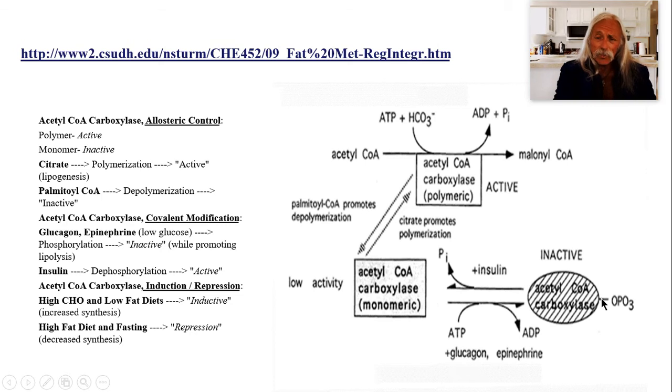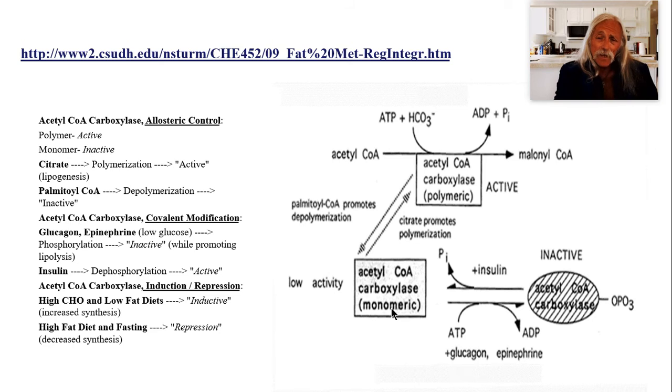So when it's in its phosphorylated state, it's inactive. Insulin will turn it into a monomeric acetyl-CoA carboxylase of low activity. Because once insulin is high enough, because you want to make lipid with high circulating insulin, it's going to give you a monomer that can carry out some carboxylation, make malonyl-CoA basically.